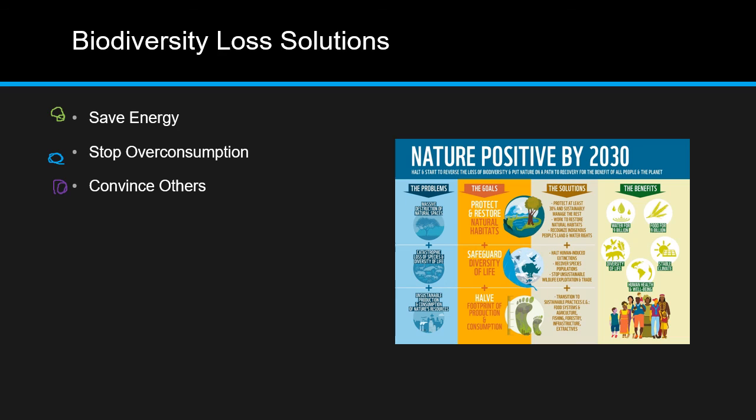On the right here, you see an infographic by the WWF titled Nature Positive by 2030 and it shows the problems, the goals, and the solutions associated with biodiversity loss and also the benefits of biodiversity loss solutions. And in the next slide, we'll look at information from this infographic relating to the benefits of biodiversity loss solutions.